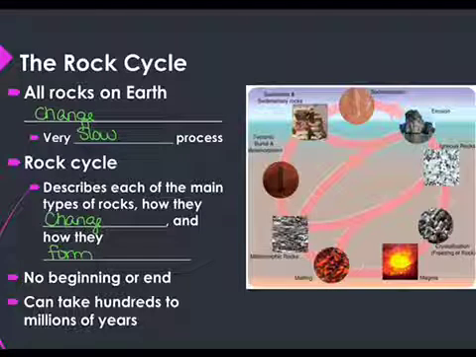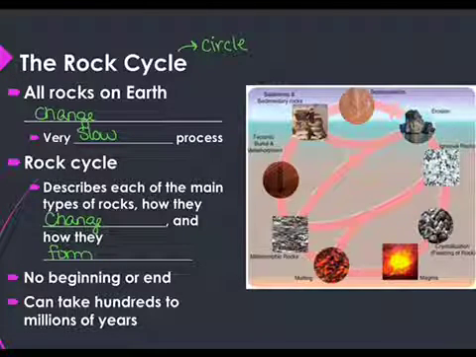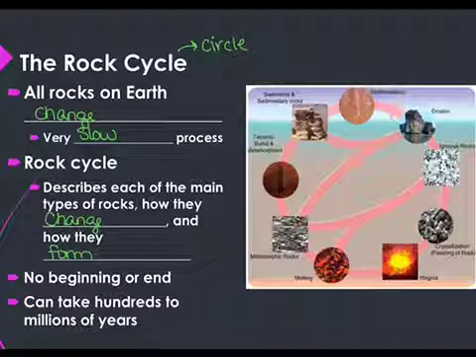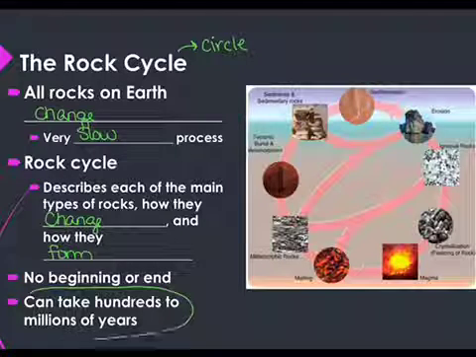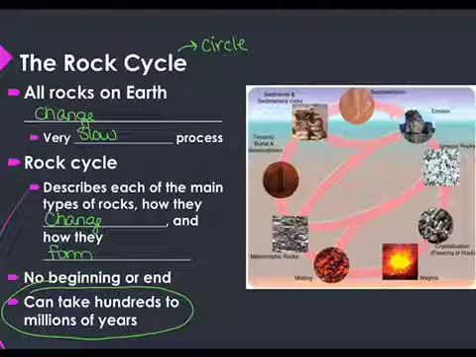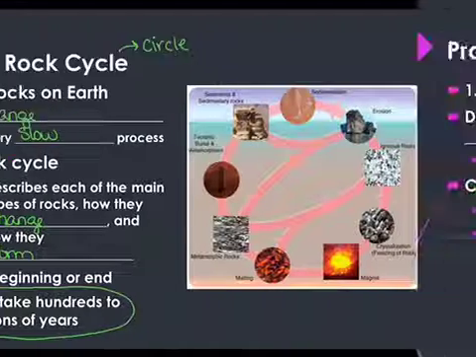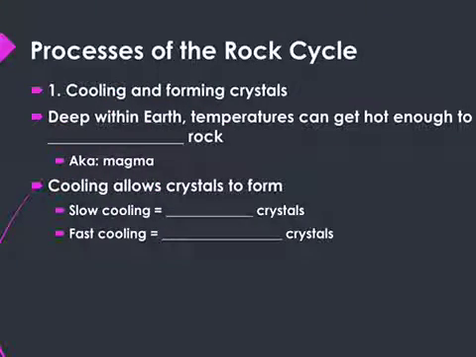There is no beginning or an end because a cycle is like a circle. When we say it's a very slow process, we're looking at hundreds to millions of years to change a rock. It just depends on the conditions that the rock is in.